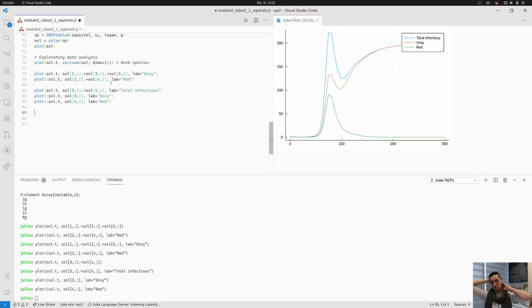So it's going to be beta, which we have set as a parameter, times the number of infectious gray individuals, which is 3, divided by the total number of infectious individuals, right?